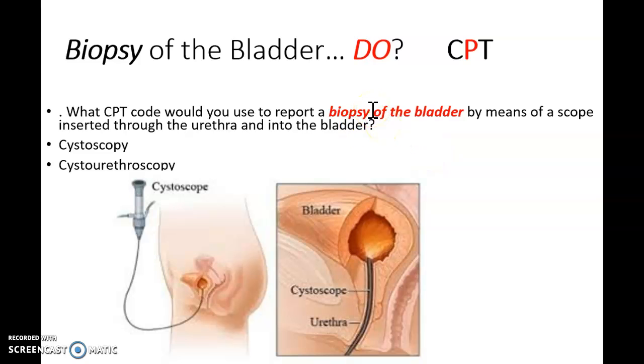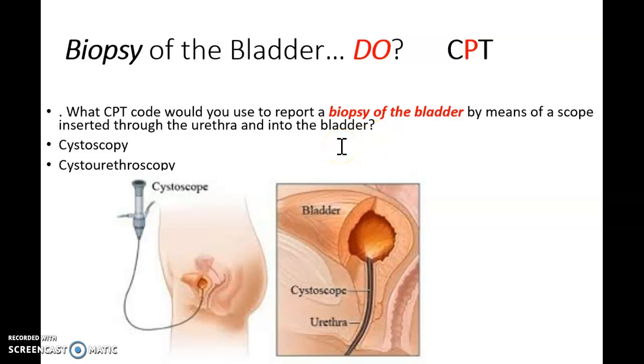In this case, your main term will be, what did the doctor do? Biopsy. Okay? Eventually, it will take you in whatever direction, but your main term should always be the answer to the question, what did the doctor do for the patient? And when it is a do, you have to select the CPT manual. You have to select the correct main term, which is a word that is a verb, which is telling you what the doctor did.